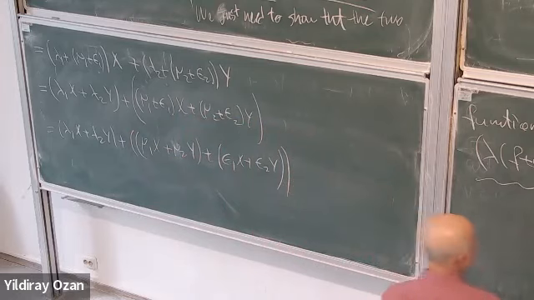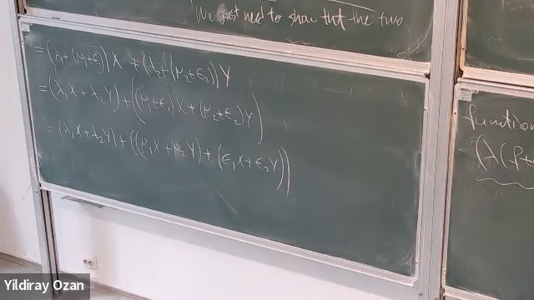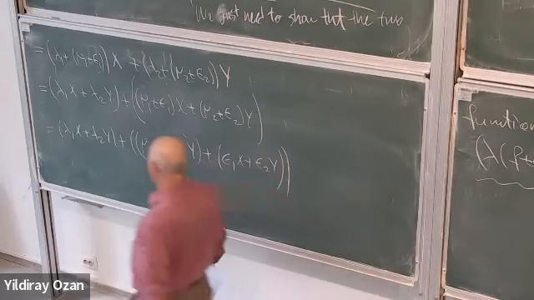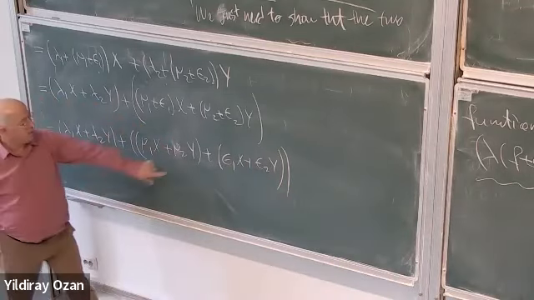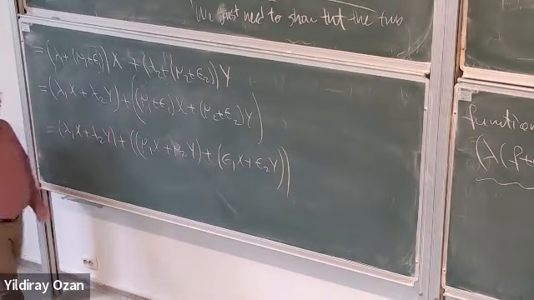So what we have seen is that the addition operation is associative. Here first I take the sum of the first two and then the third one, and that is equal to the sum of the first one with the sum of the second and third one.